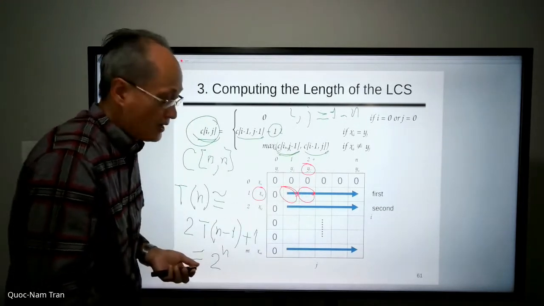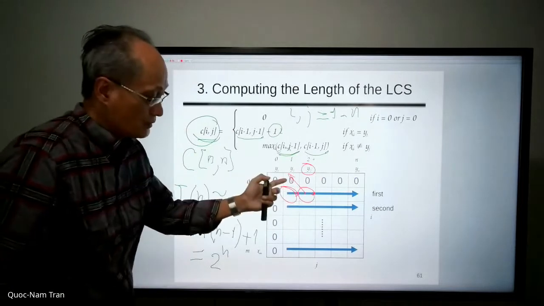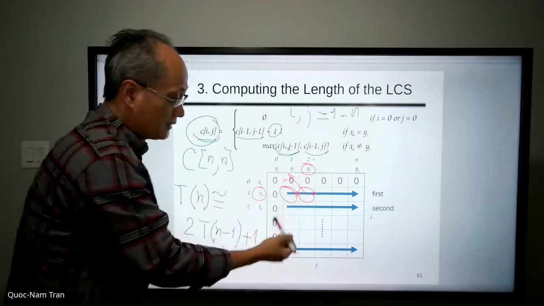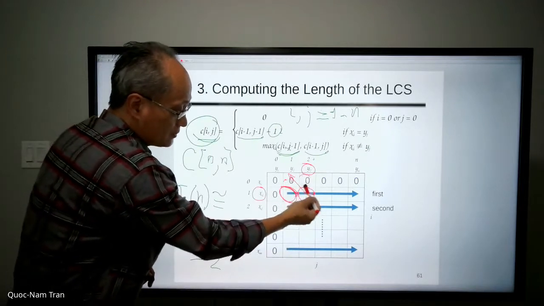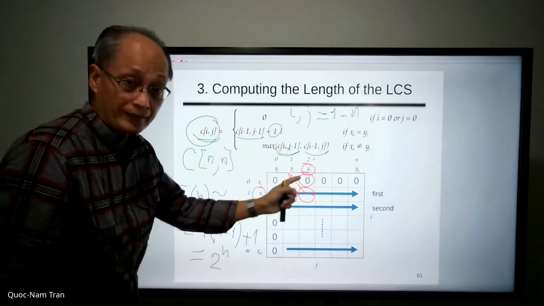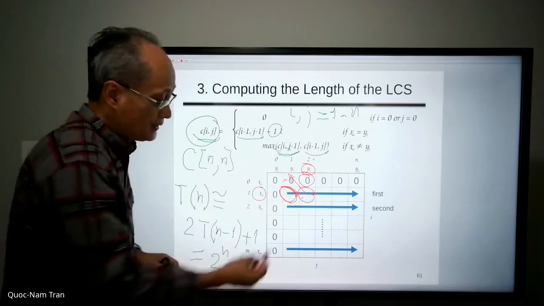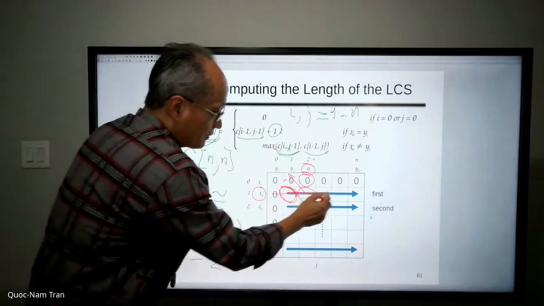If they are the same, then we use the values here. If they are not, then we will try to see if we can use the value here and the value here that we already filled out in order to calculate this one. So similarly, we can fill up the table here row by row.